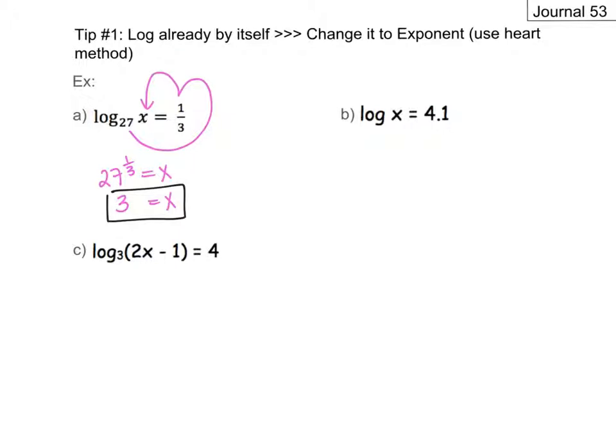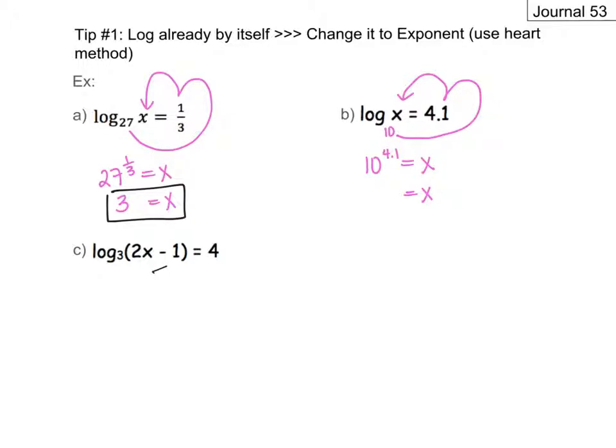Okay, next I'm going to take a look at this problem here. Notice that this doesn't have a base, so I'm going to write the base there because the base is 10 by default. And then I'm going to do the heart method because the log is by itself, so I can change it to an exponent. So this is 10 to the 4.1 power equals x. Now x is by itself, so I have to figure out what 10 to the 4.1 power is.